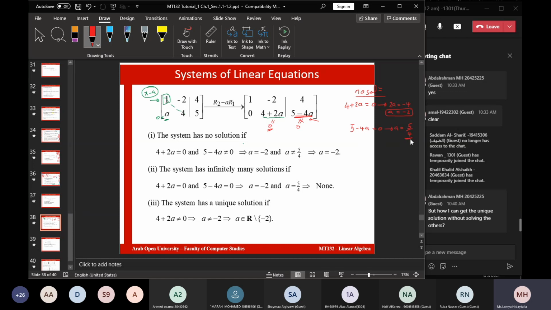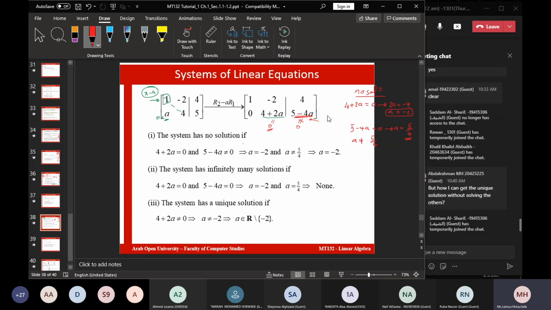That means I don't want it to be this number, so A should not equal 5 over 4. Any other number rather than 5 over 4 will make this part not equal to 0. But I need this one to be equal to 0.